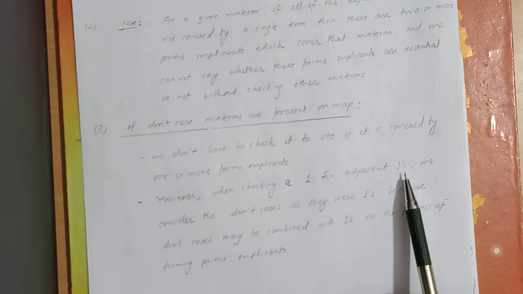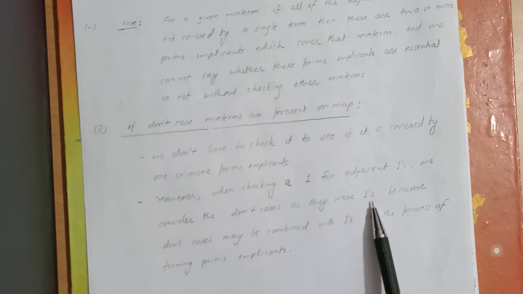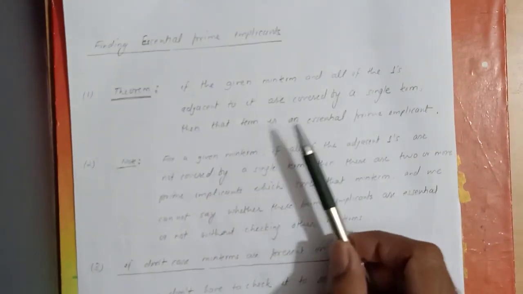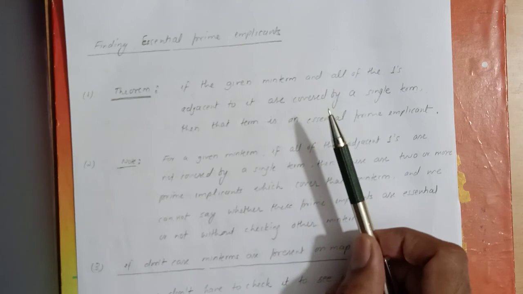Also, while checking a one for adjacent ones, to find the adjacent ones, we will consider don't cares as ones, because don't cares can be combined with ones in the process of forming the prime implicants. In this way we will deal with the don't care conditions. We will see examples of this theorem.